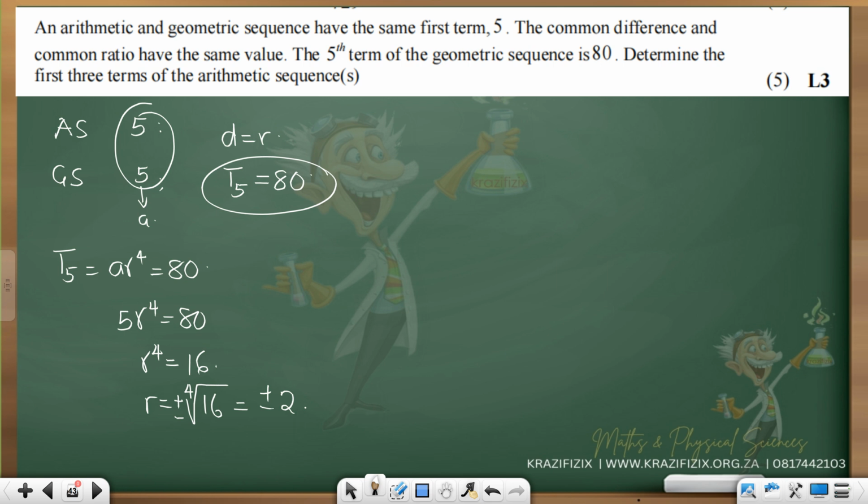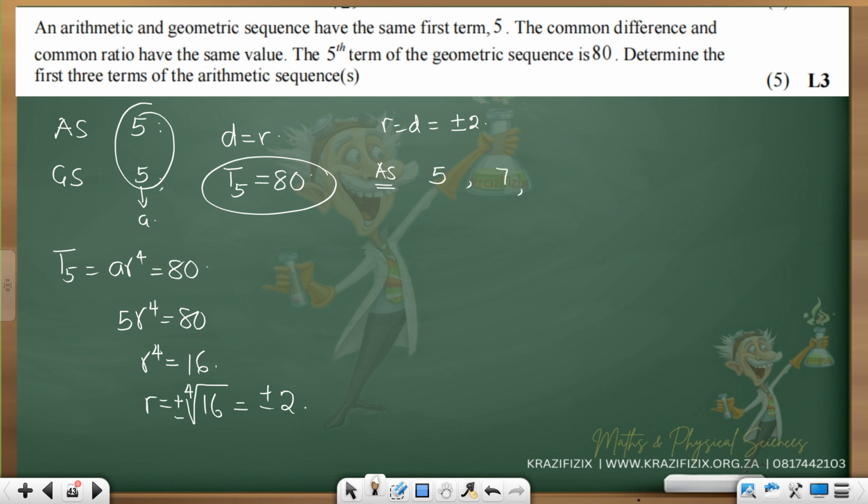All right. So now we have 2 possible answers, plus or minus 2. And we are told that R is equal to D, so D is also equal to plus or minus 2. So let's see which one would work. Both of them would work. For the arithmetic, our first term is 5.